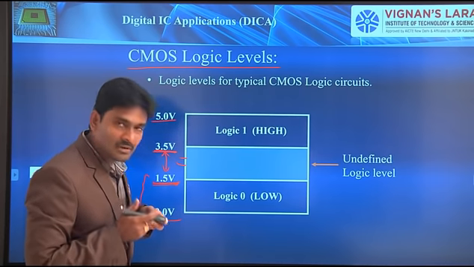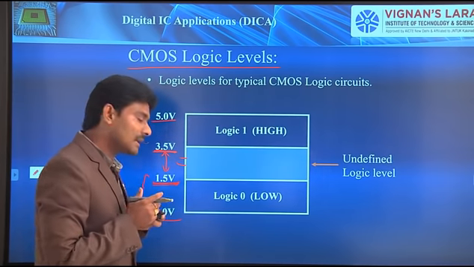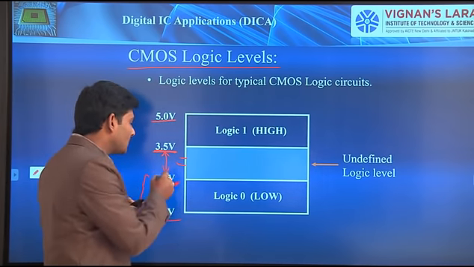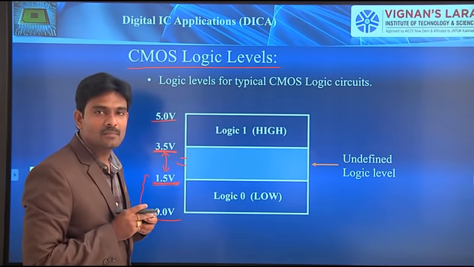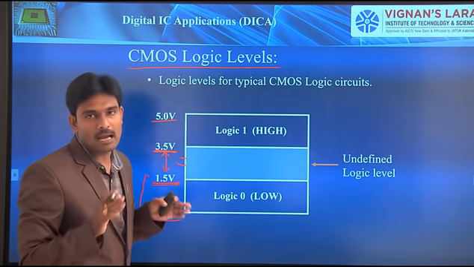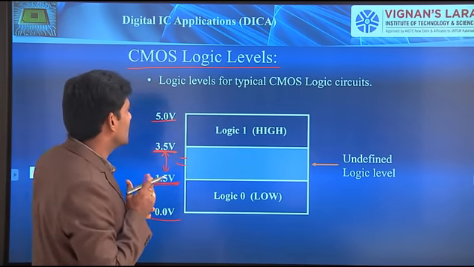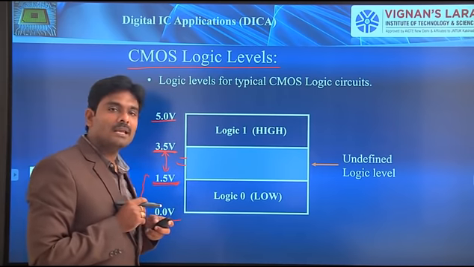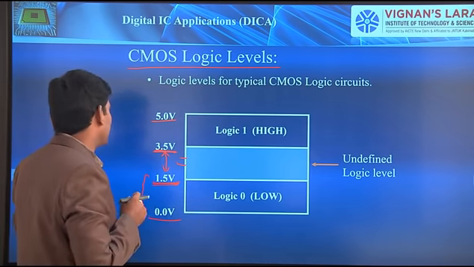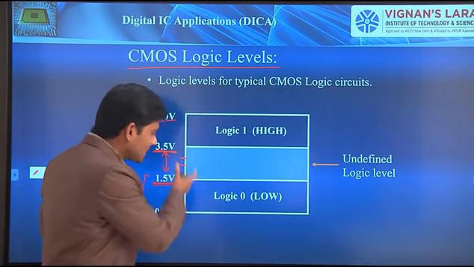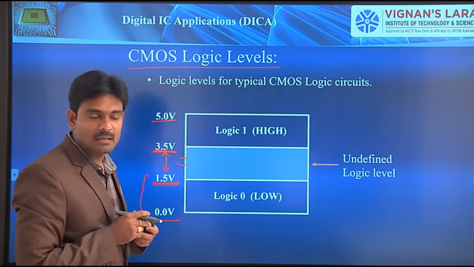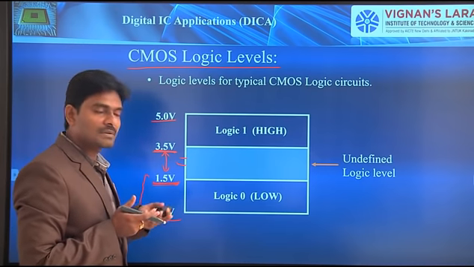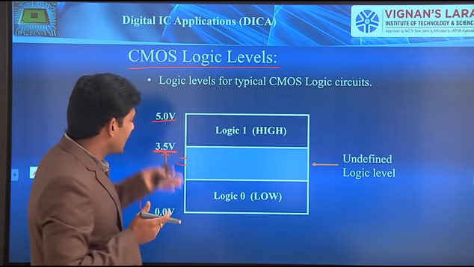Okay, so because of that, the user needs to take care that, in any case, values between 1.5 and 3.5 should not occur. So these are the CMOS logic levels for 5 volts; like this we divided the logic levels. In the same way, if the power supply voltage is 3.3, or 2.2, the logic levels are divided according to that.